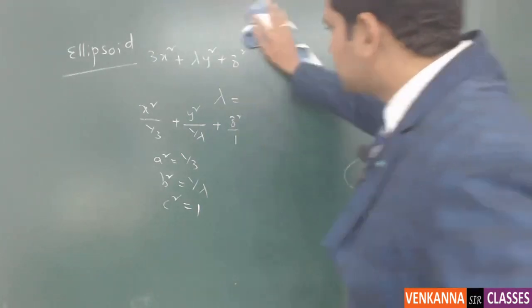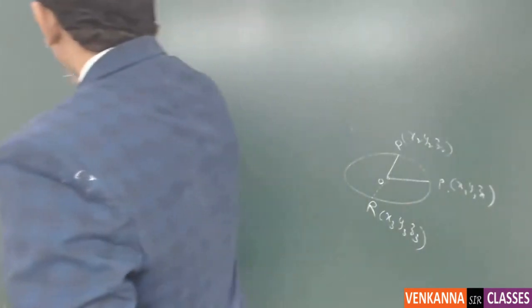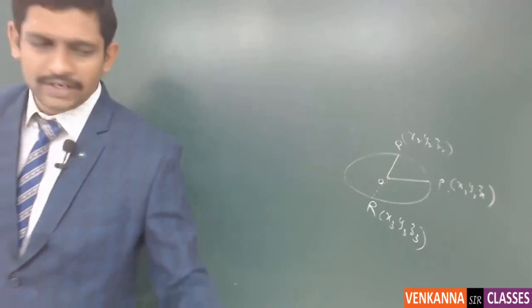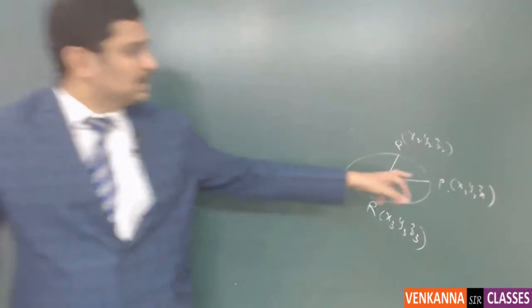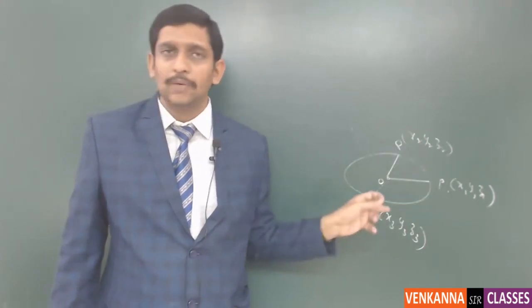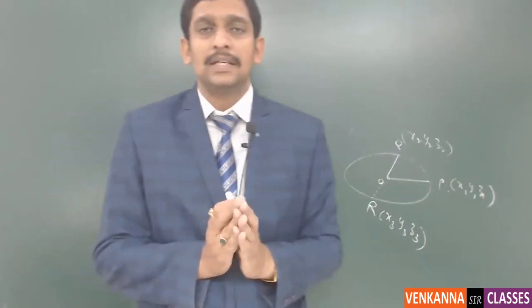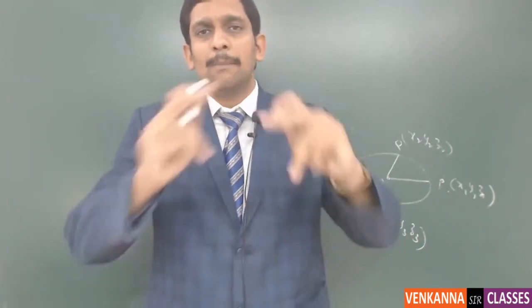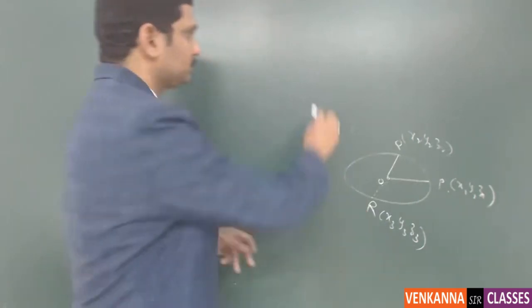One interesting thing is, if you observe the three conjugate semi-diameters I have taken, the 3 points are on the ellipsoid. So what happens if I try to calculate a plane equation passing through the 3 points?